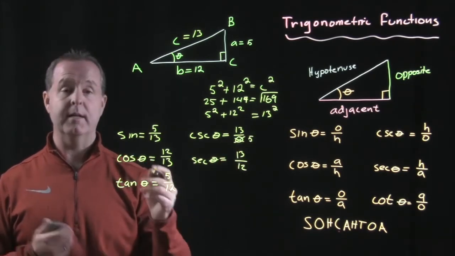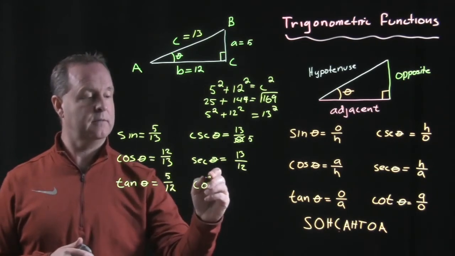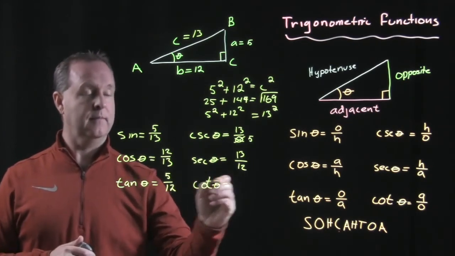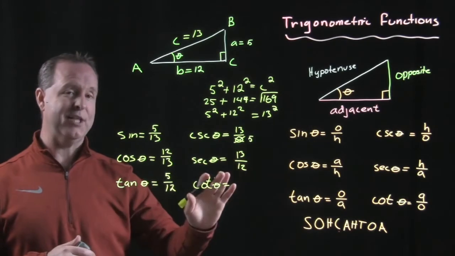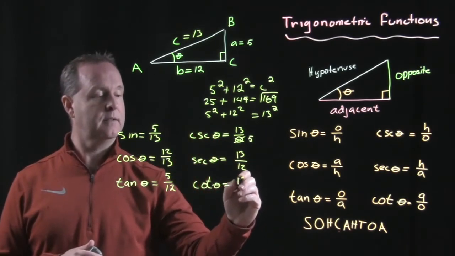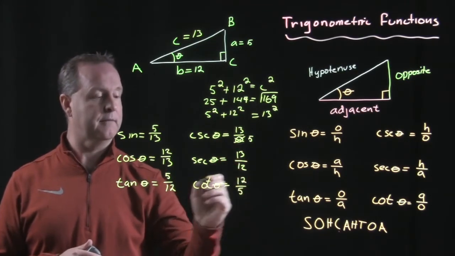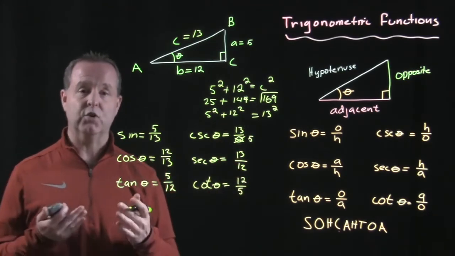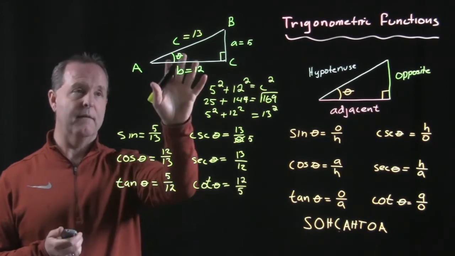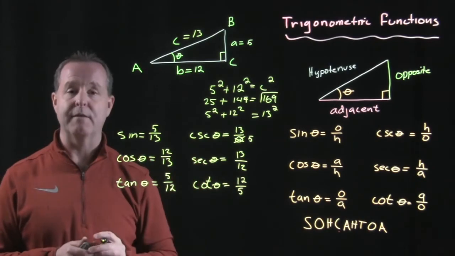And then the last one, the cotangent. The tangent's pair is a cotangent. And based on our definition, the cotangent is the ratio of the adjacent side versus the opposite side, which in this case is a 5. So there are the 6 trigonometric measurements of this particular triangle whose sides measure 5, 12, and 13.